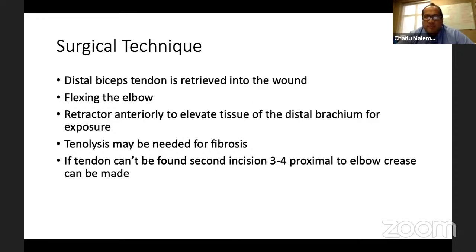I'd say in about half of cases, I find that there's some fibrosis or scar tissue, and that may need to be relieved or split apart so that the tendon can be released. If the tendon can't be found, then a second incision, 3 to 4 centimeters proximal to the elbow crease, can be made, and that can help in finding that tendon, and then tunneling it down to the distal incision at the radial tuberosity.